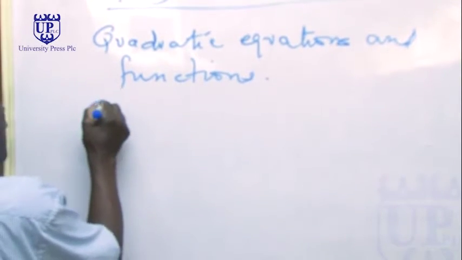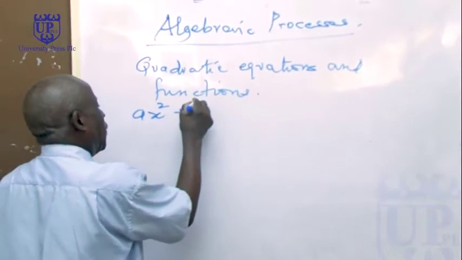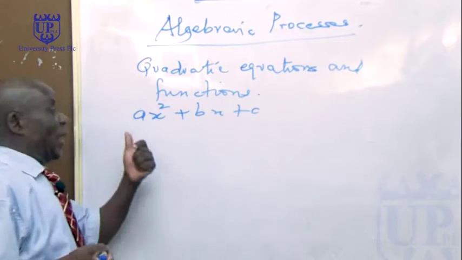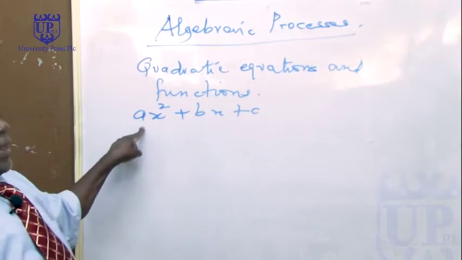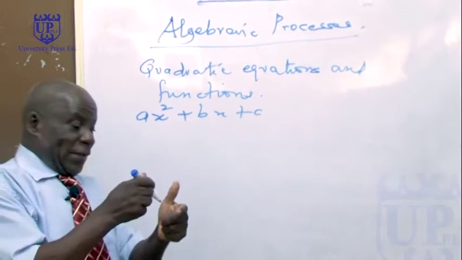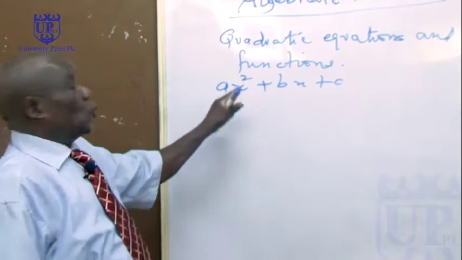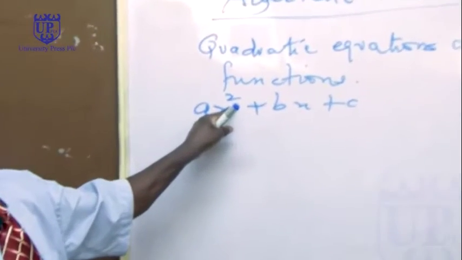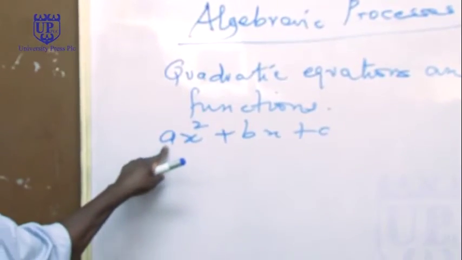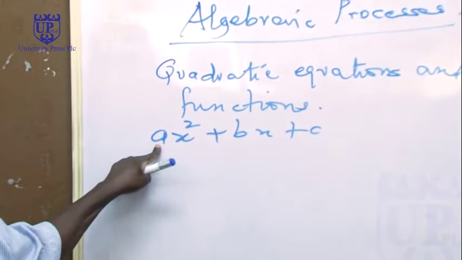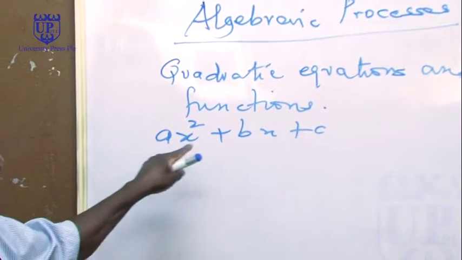An expression of this type, ax squared plus bx plus c, is not an equation; it is a quadratic expression. The reason why we call it quadratic is that the highest degree is 2. The first number here, a, is a constant term, called the coefficient of x squared.